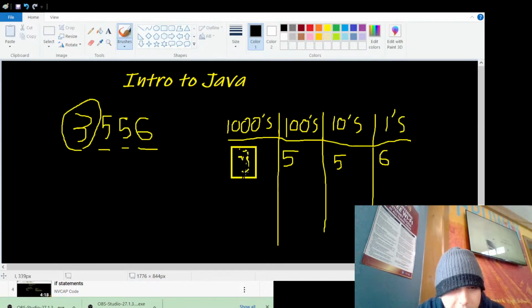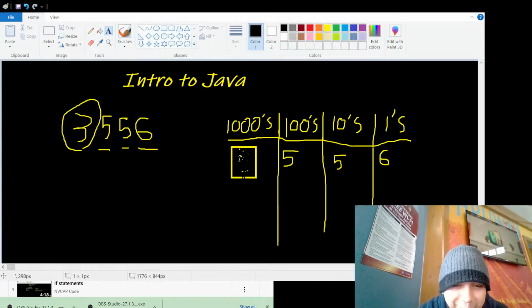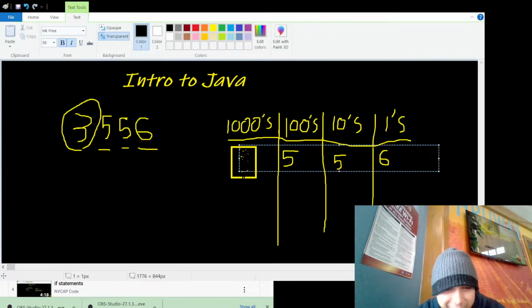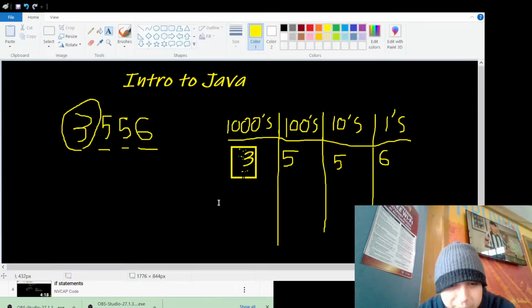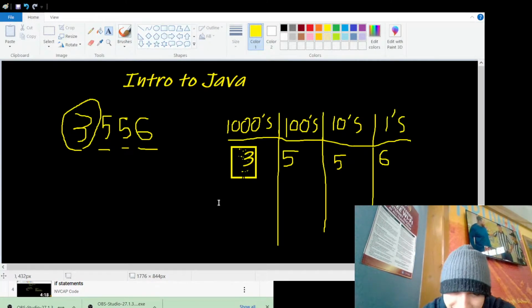It's not letting me redo my 3. Oh man, it made it worse. Hold on, I just need a moment. I'm just going to put it in text here. Okay.